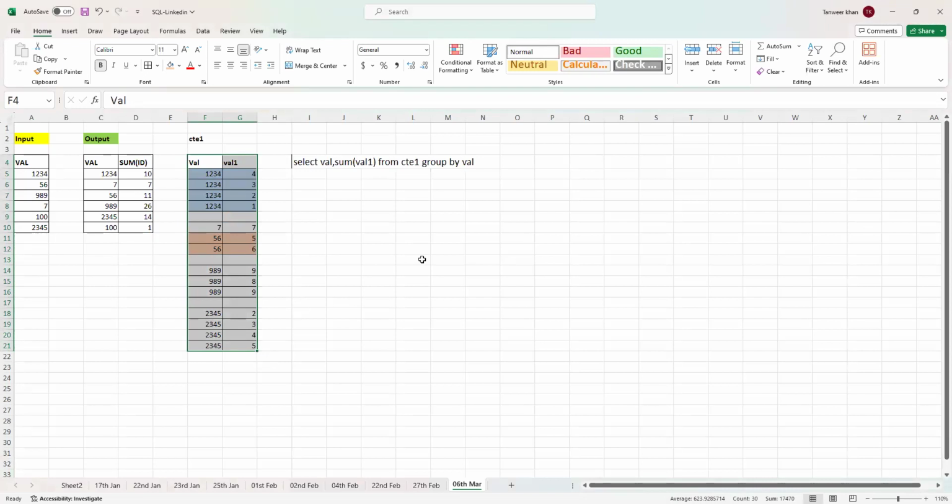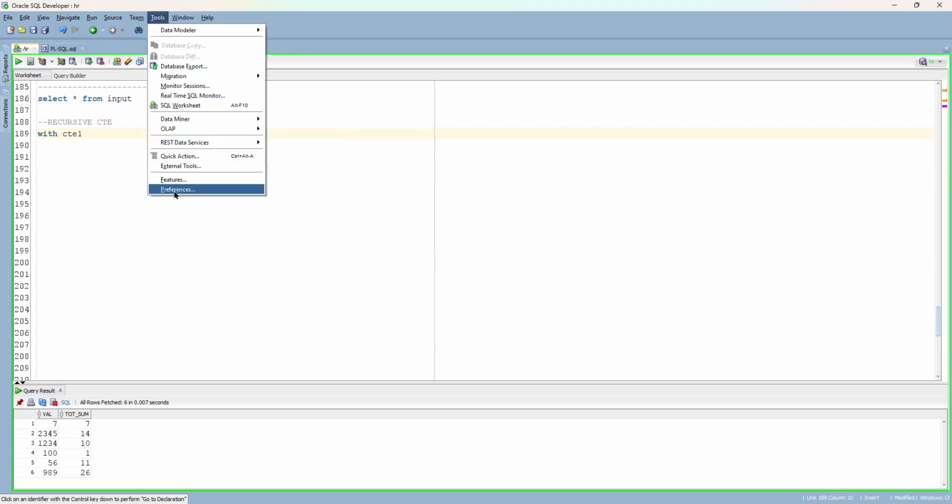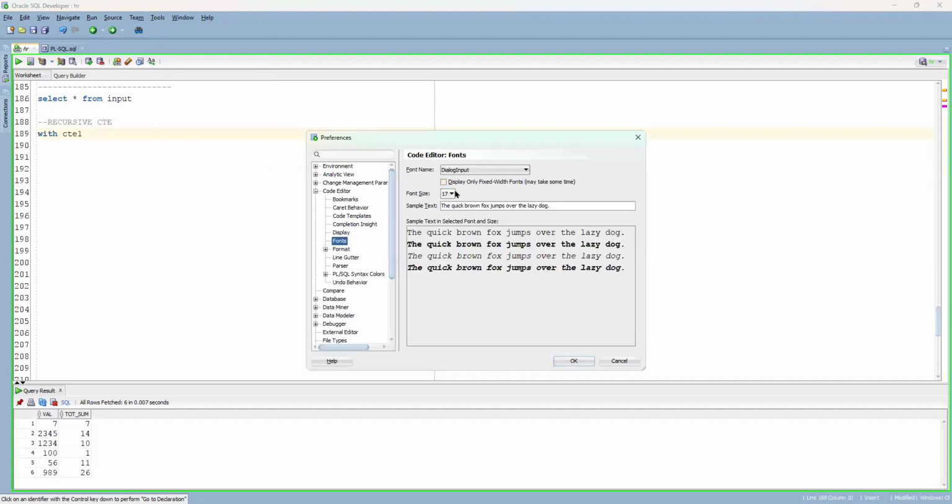So we'll discuss both solutions. But if you understand one solution, the other will be simple. It will not be difficult. And of course, we are going to solve this with the help of a recursive CTE. We'll use the recursive CTE concept here. Please ask questions if you have any doubt. Is the font visible or do you want me to increase the font? Let me increase it a little bit.